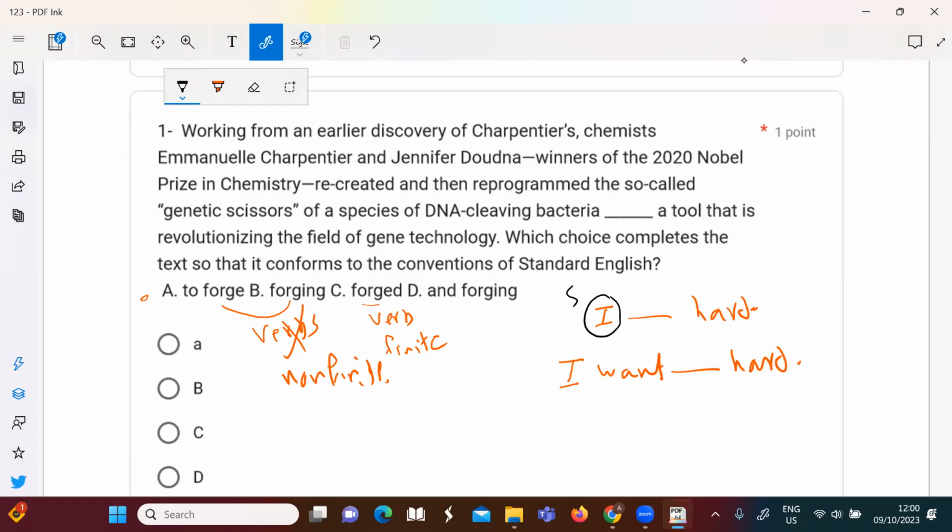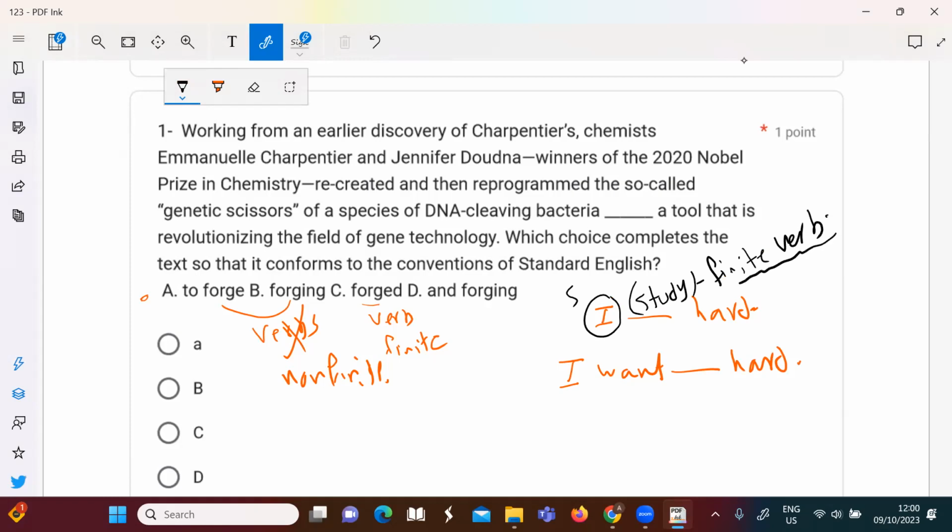This is the subject. Do we have a verb here? We don't have a verb. So in this case, I need to use a finite verb. I study hard. This is a finite verb.